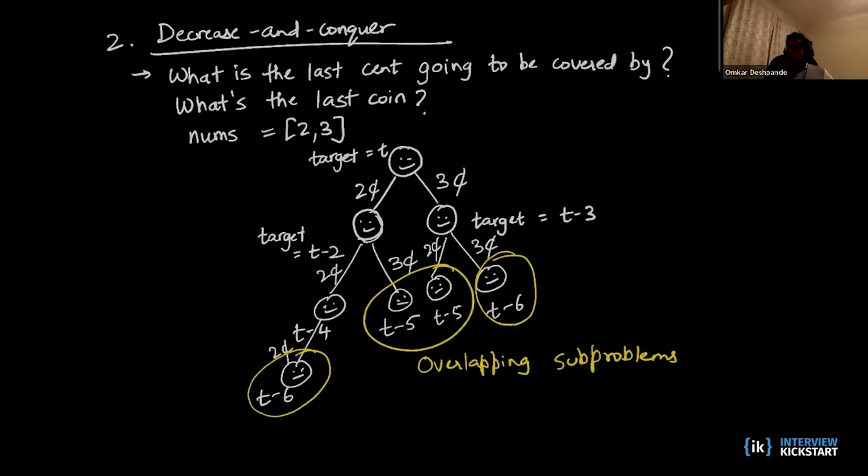Because there are overlapping subproblems, there is scope for using dynamic programming. So what we started out with, a straightforward decrease and conquer approach, is now heading in the direction of dynamic programming. Hopefully with that, we might be able to cut down the complexity from exponential to something polynomial.